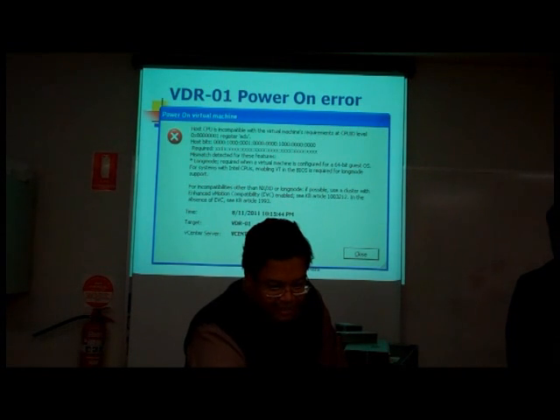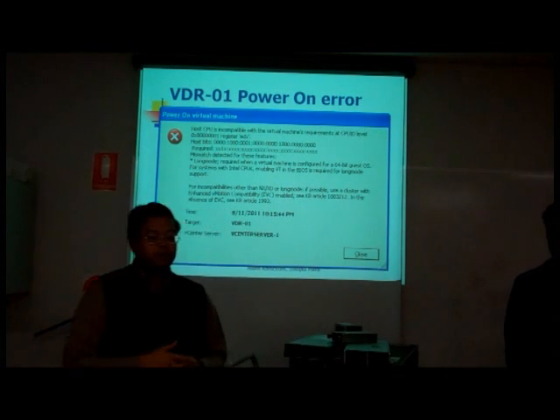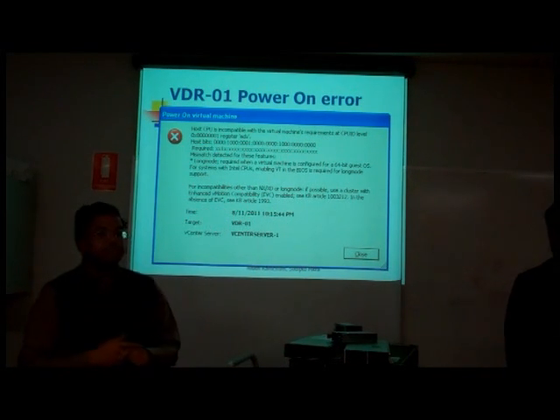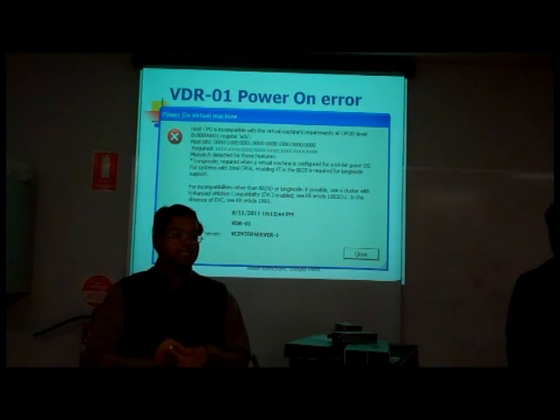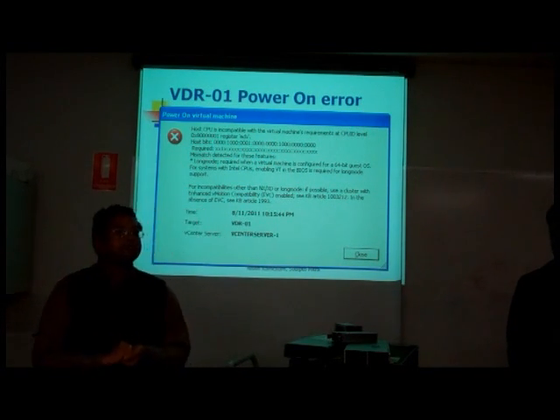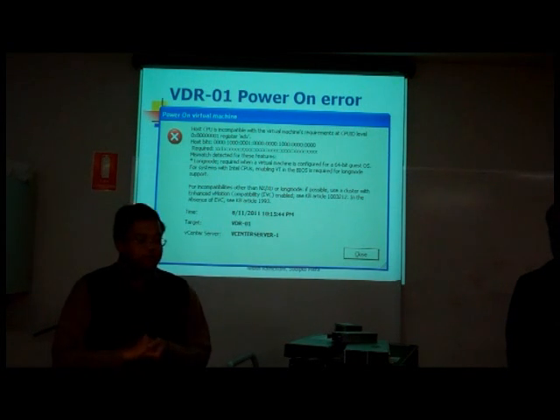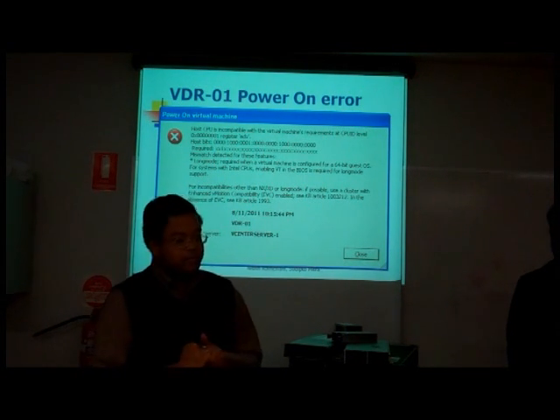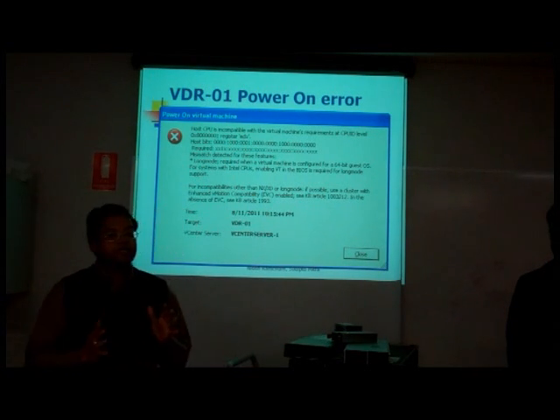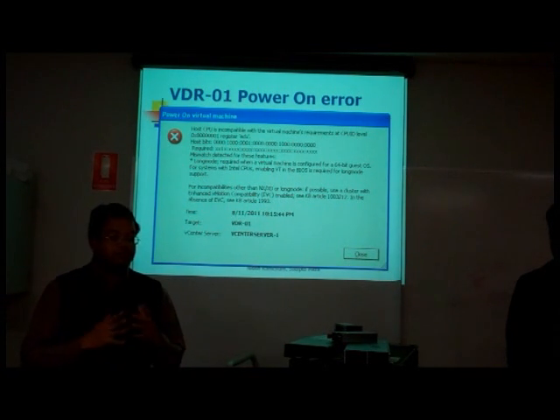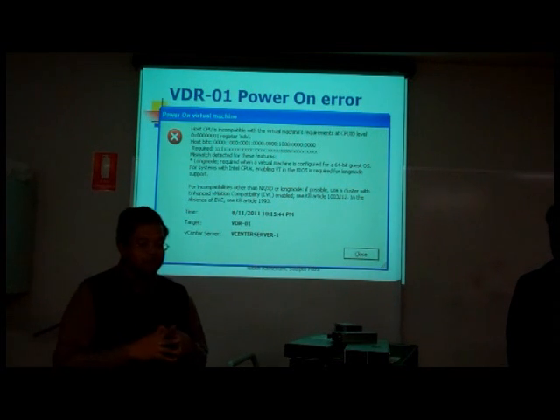Okay, then we had VDR01 power on error. Now this one, VDR01, is a data recovery appliance. And when we tried to run the VDR01, which is the data recovery appliance for one of the labs, we had a power on error.